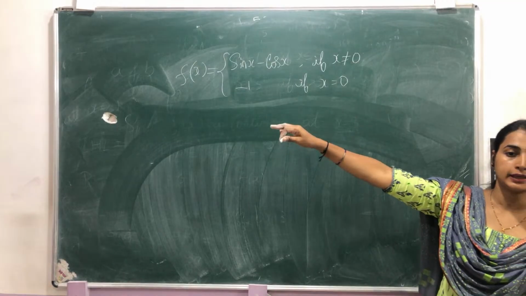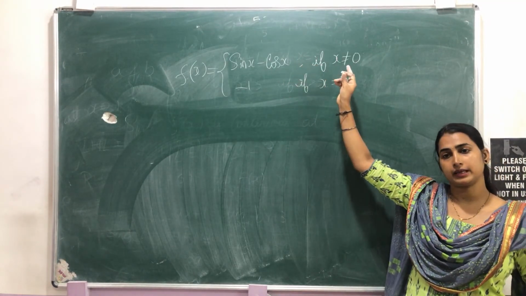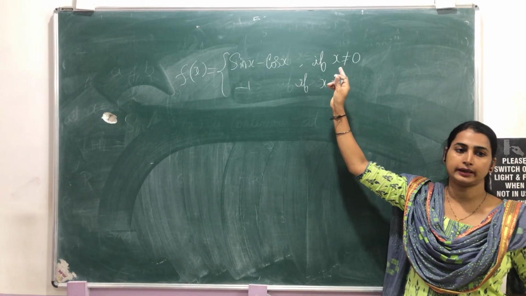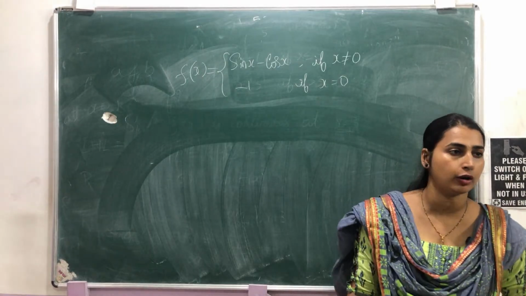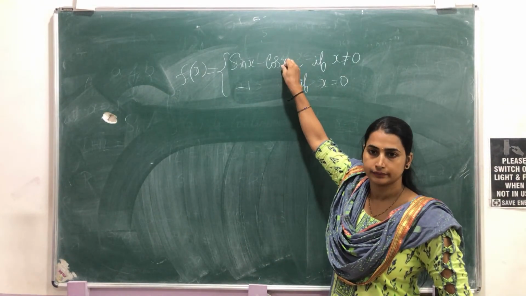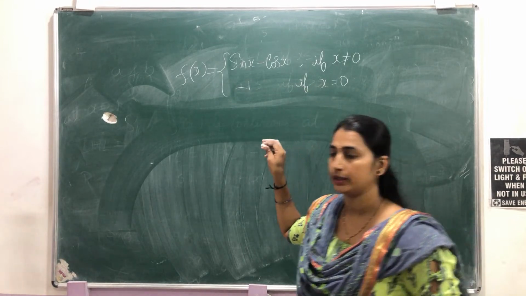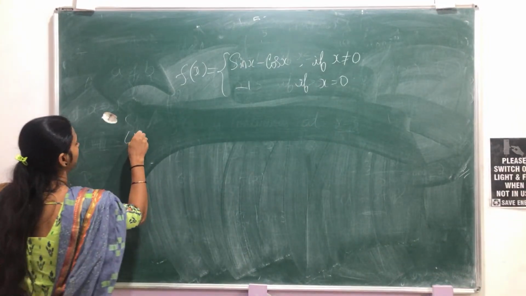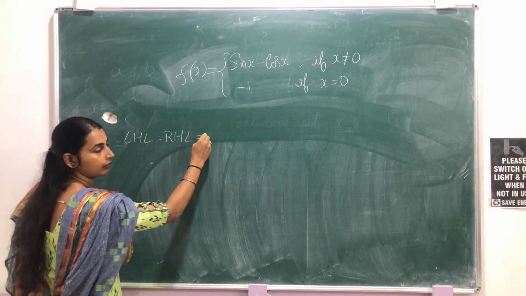If it is less than 0, it will be termed the left hand limit. If it is greater than 0, it will be termed the right hand limit. So your left hand limit and right hand limit will be equal already, and that is equal to this. Now you need to check whether it is continuous or not. Left hand limit equal to right hand limit. Here both are equal.